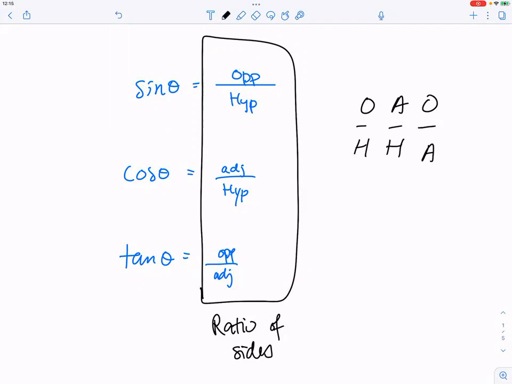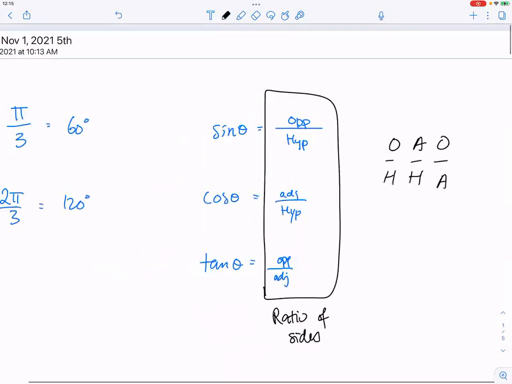O-A, O-A, H-H. I was like, okay, sure. And it stuck in my head forever. So I guess it worked. So in case you need it, there's a good alternative right here.